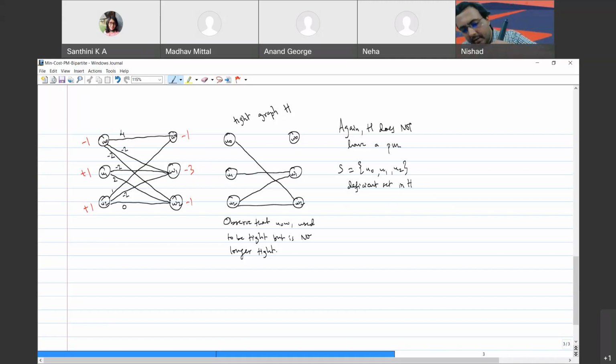So let us consider the edges going from S to the neighbors of S, which are not neighbors in the graph H. Okay? And let us see what this set of edges is. So what are the edges here?